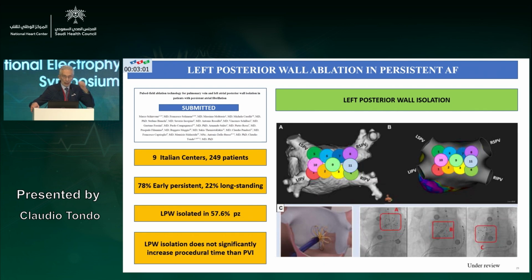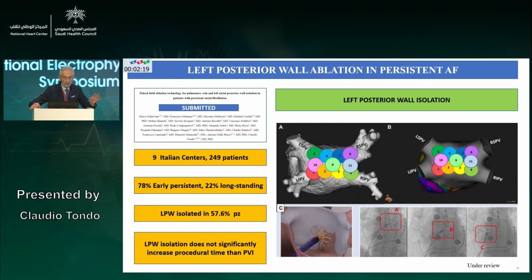This shows what we have done. It's under review, but just yesterday we received confirmation of a publication of almost 250 patients treated with not only PVI but also left posterior wall isolation. At the bottom of the slide you have how to move the catheter to isolate the posterior wall, represented by the colored dots, to homogenize the posterior wall completely.